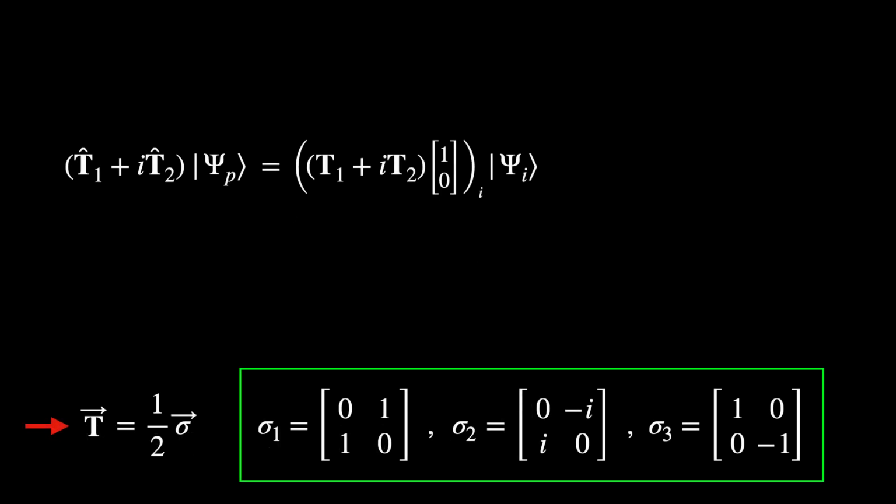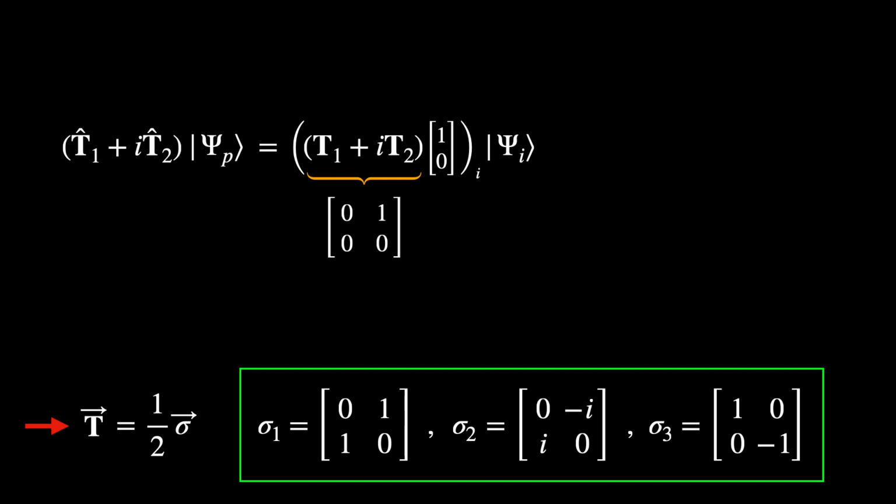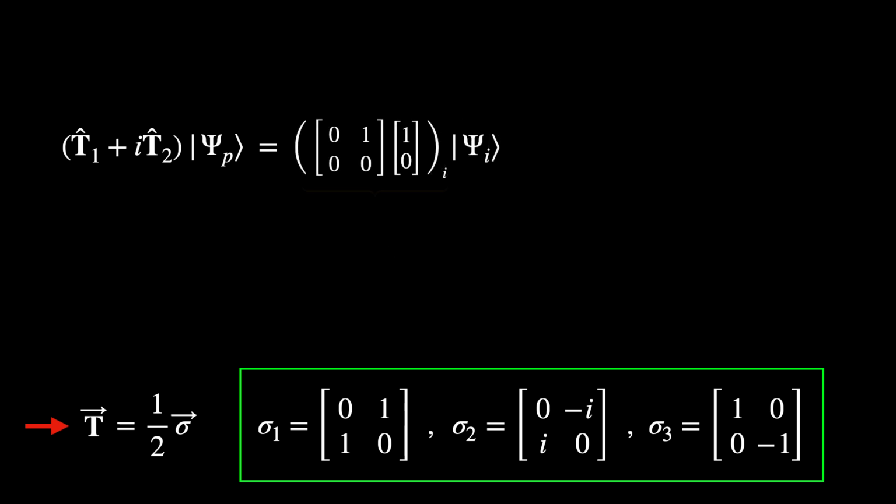The raising operator acting on the proton state gives, substituting in the matrices for T1 and T2, 0, as it should be, since the proton state is the highest weight state within the isospin doublet.